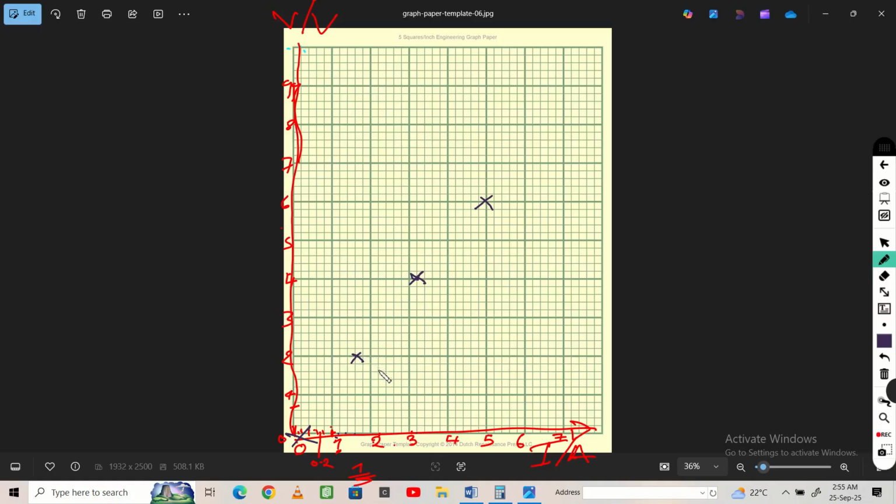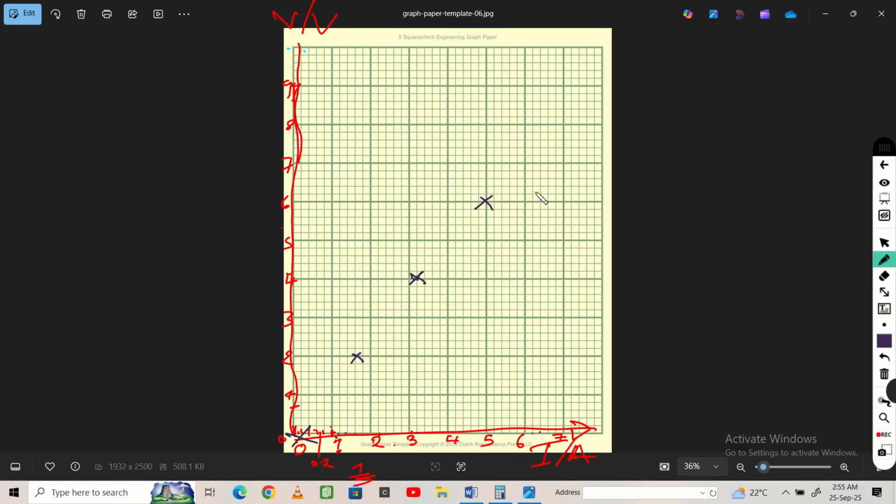So the next point we have was 8 and 6.3. So this is my 6.3 now. We don't have 6.3 on the graph. So it will be in between 6.2 and 6.4. So this is 6.2, 6.4. So it will be in between. I'll go up in the middle.